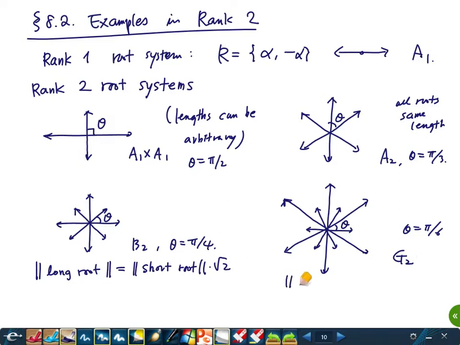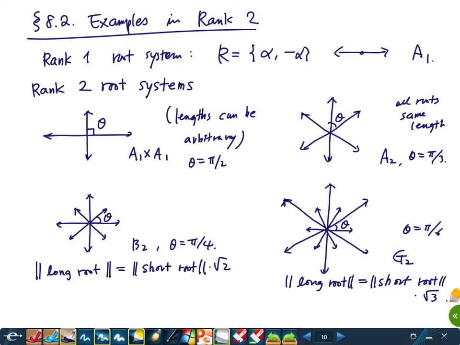The length of the long root is equal to the length of the short root times square root of 3. Because the proposition that we saw tells us that the ratio between the lengths of two roots is always 1 or square root of 2 or square root of 3. Because in the proposition we use the inner product, so length is the square of them.